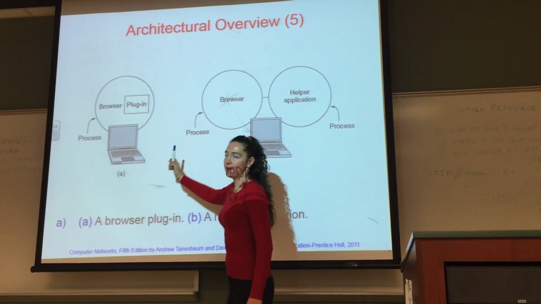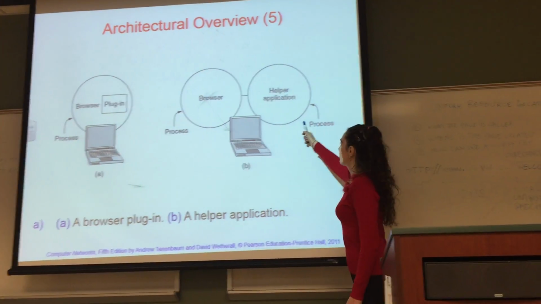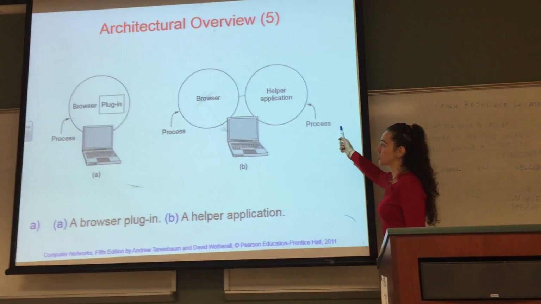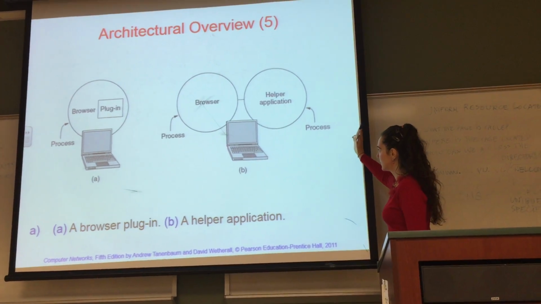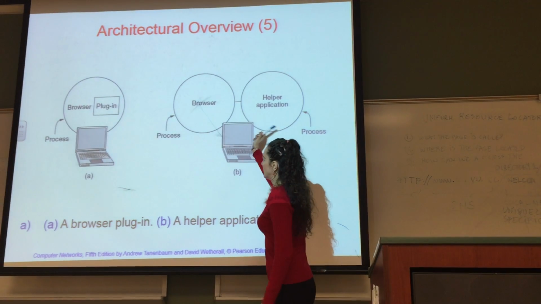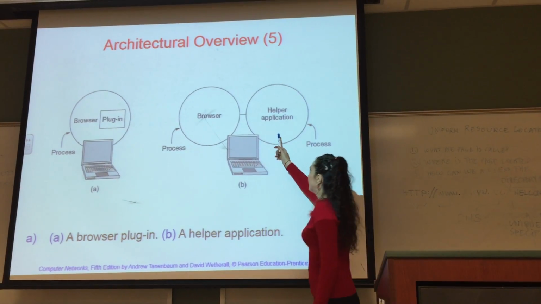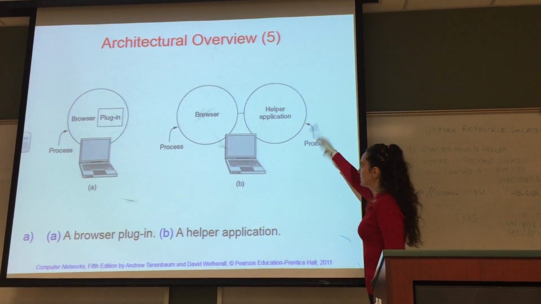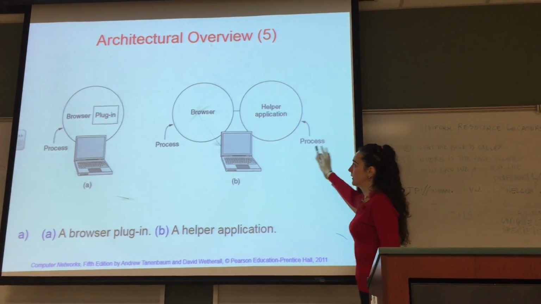That's different than opening another application, which runs in a separate process. That memory is not shared with the browser and has nothing to do with the browser. It runs separately, gets its own CPU and its own memory and everything else.